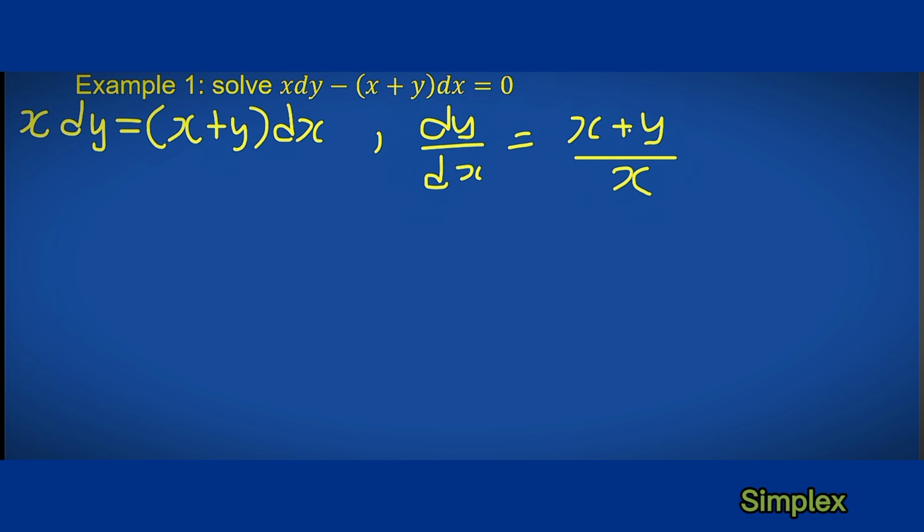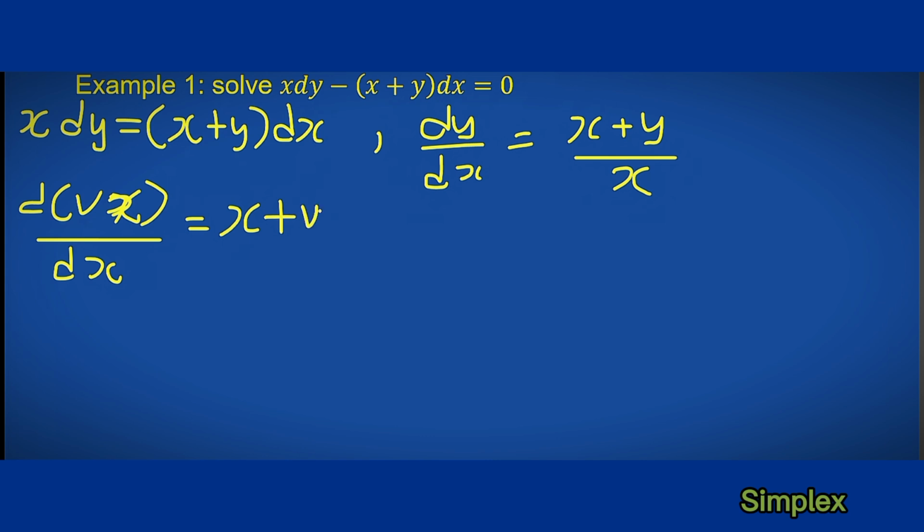Anytime we have this, it is a homogeneous first order equation. So in further simplifying, we substitute the value of y for vx. So we have d(vx)/dx is equal to (x plus vx) over x.